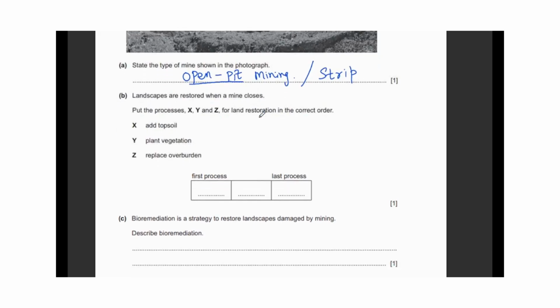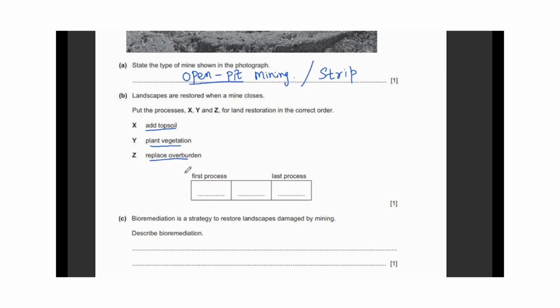Moving to the B part, landscapes are restored when a mine closes. Put the processes X, Y, Z for the land restoration in the correct order. So what is the first step in the restoration process? The options we have are add topsoil, plant vegetation, and replace overburden.